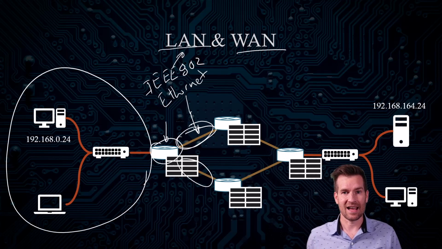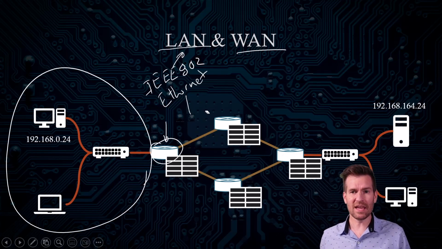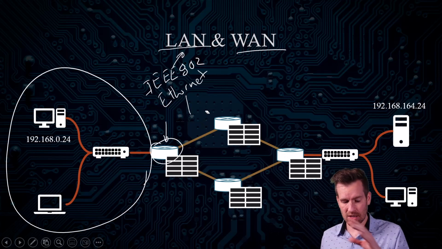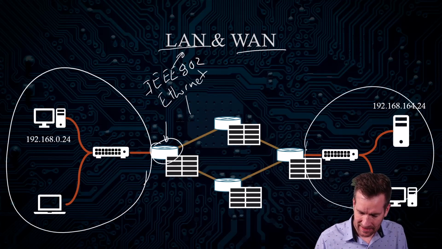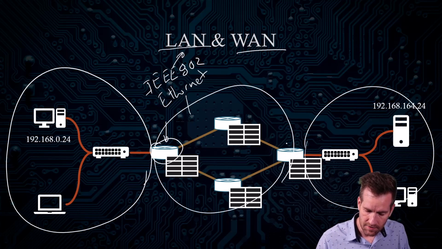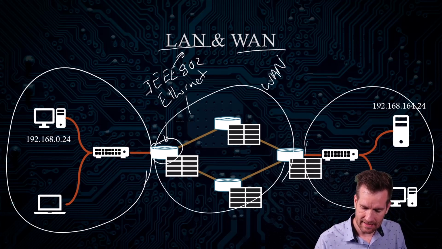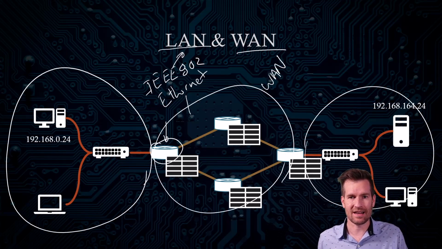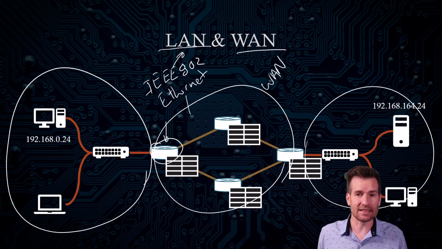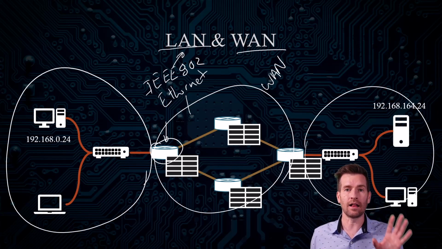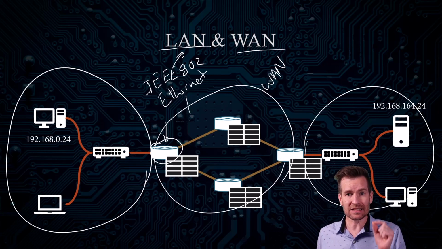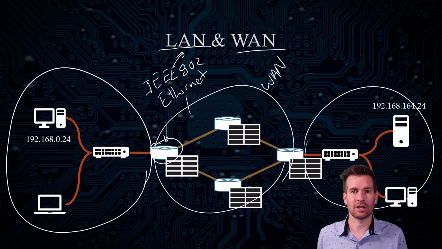But really, the big ranges in between these LANs, we consider all of this the WAN technology, or the wide area network. It allows us communication between all of our LANs. So that is what a wide area network is.